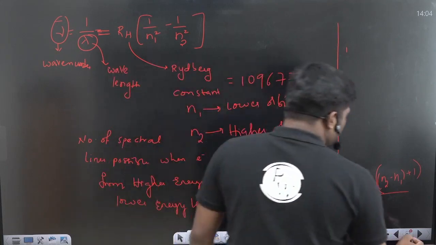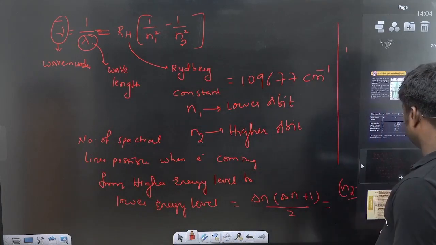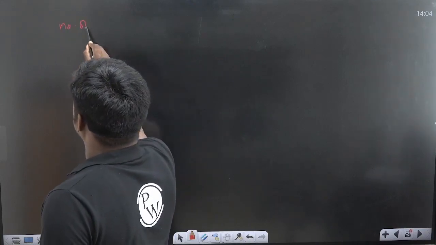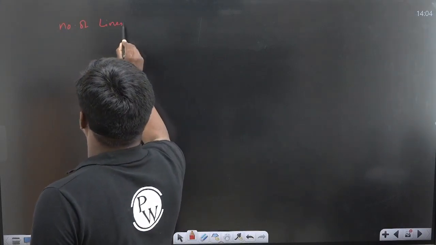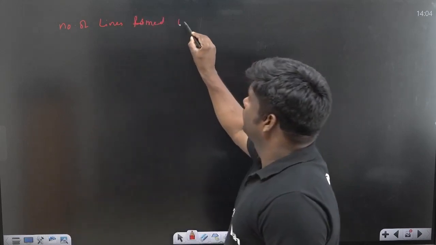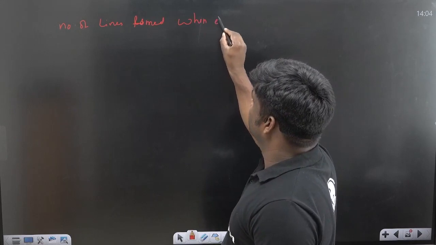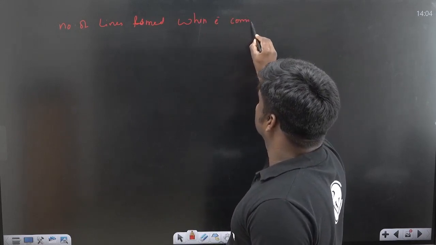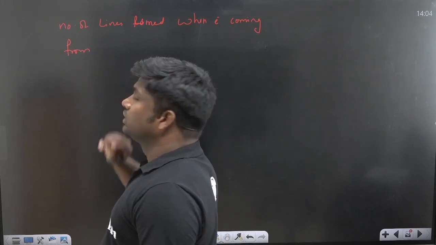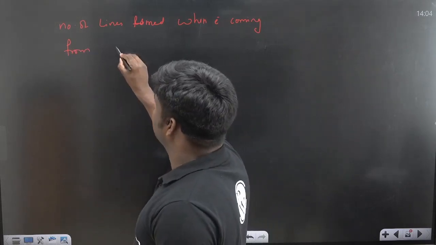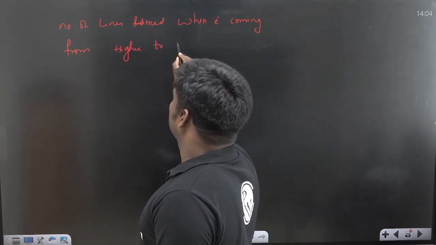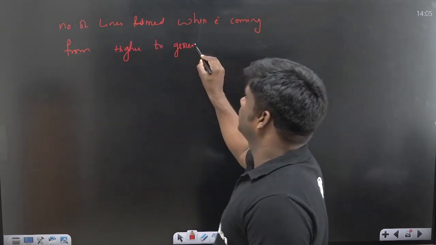And one more formula is there: the number of lines formed when an electron comes from a higher energy level to the ground state.